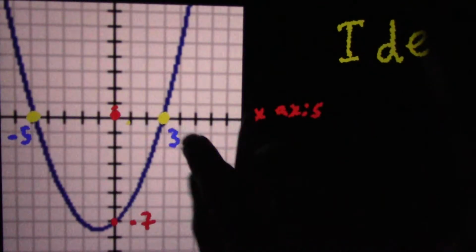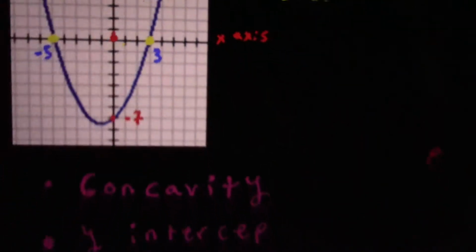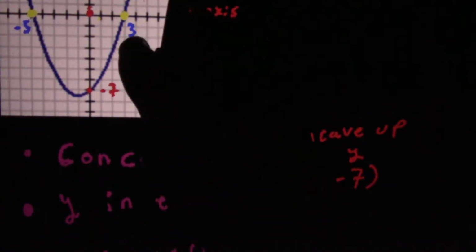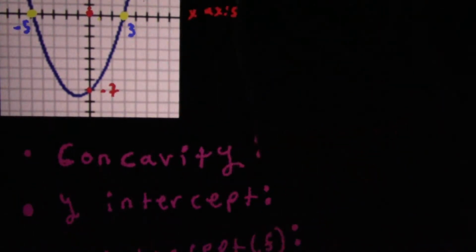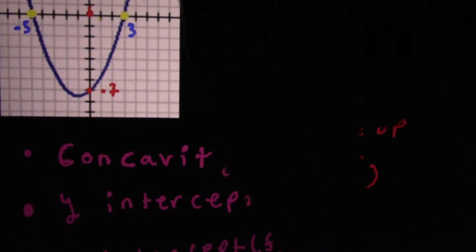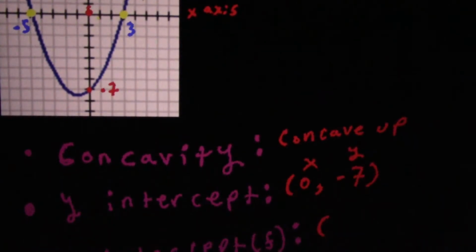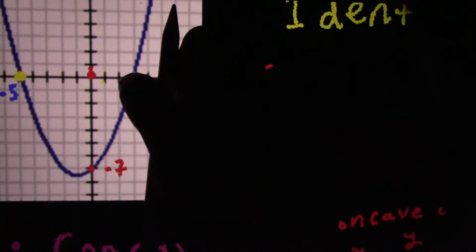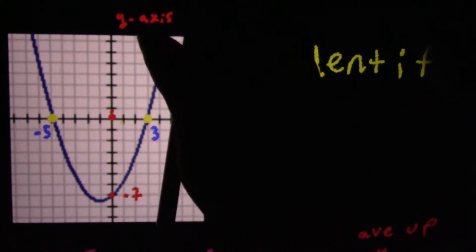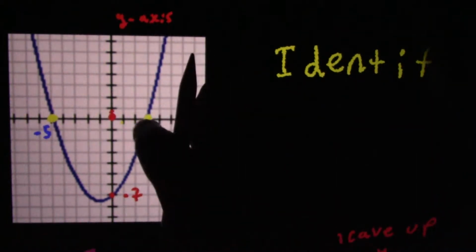Let's write it as a point. Our x-intercepts, let's do this one first. Our x-intercept was at 3. And notice that when x is 3, the value of y is 0, because there's no height. X just stays there.